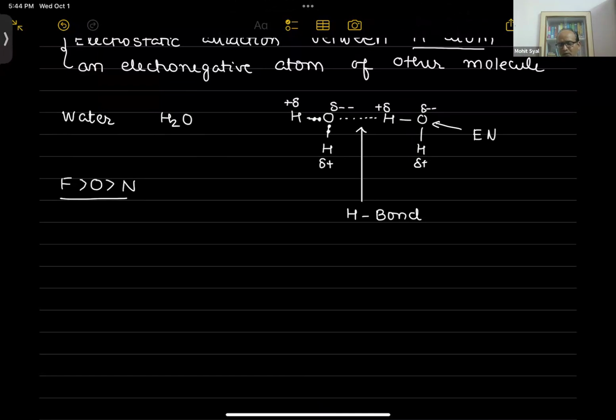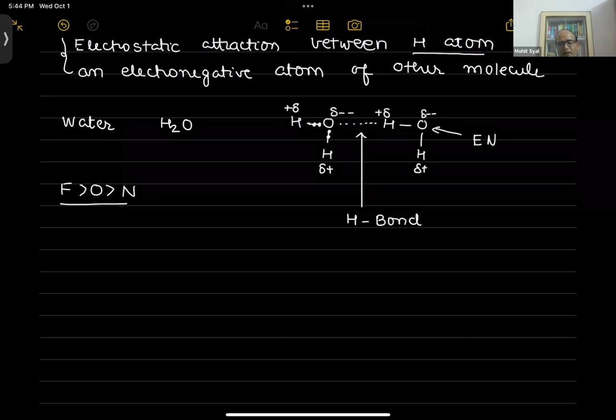So it is within the same water molecule or between two different water molecules.